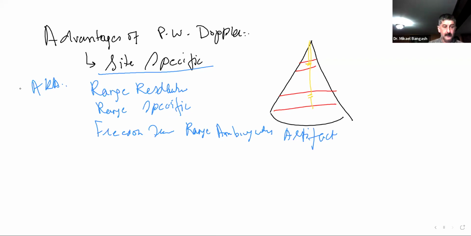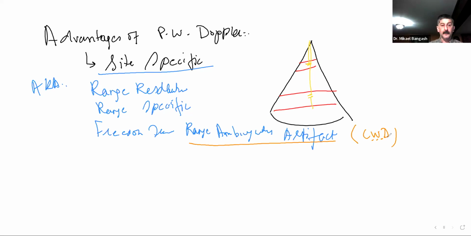Now, what this range ambiguity artifact is going to be, that's mainly something that we will end up seeing in a continuous wave Doppler. How and why, we will get onto that later on.